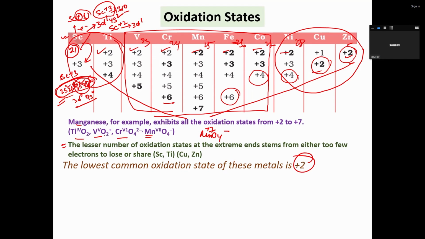So these are the highest oxidation states present in the oxides of the 3d metals. This is the general view of the oxidation states of the 3d metals.